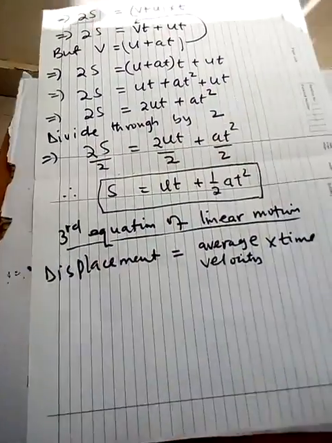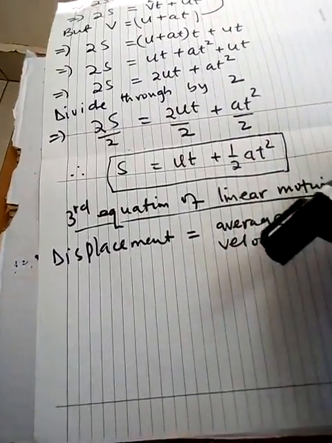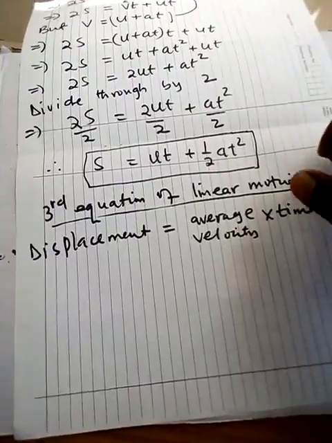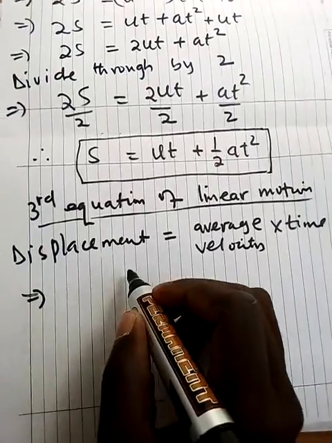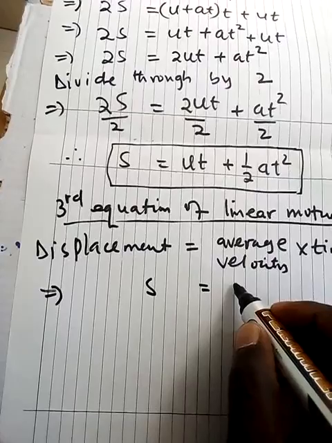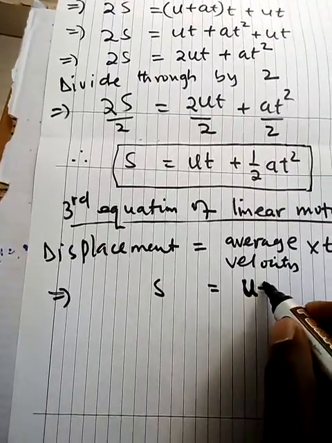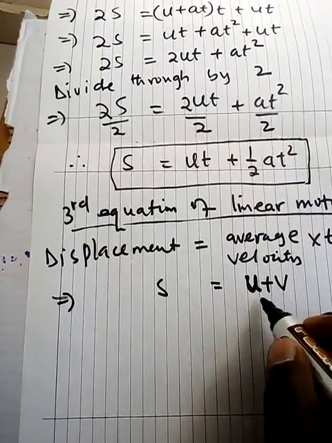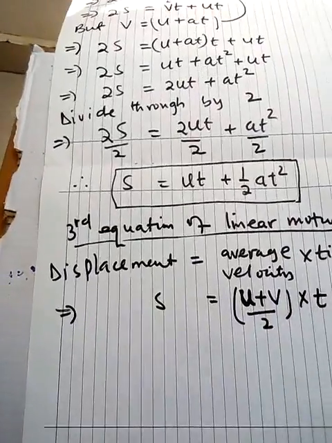Remember, average velocity, because the body keeps on changing, reducing, increasing. So we have to use what we call average velocity and the total time taken. So this means we are going to have s is equal to, okay, we can start with u, some people are complaining, u plus v divided by 2 times t, the time taken.